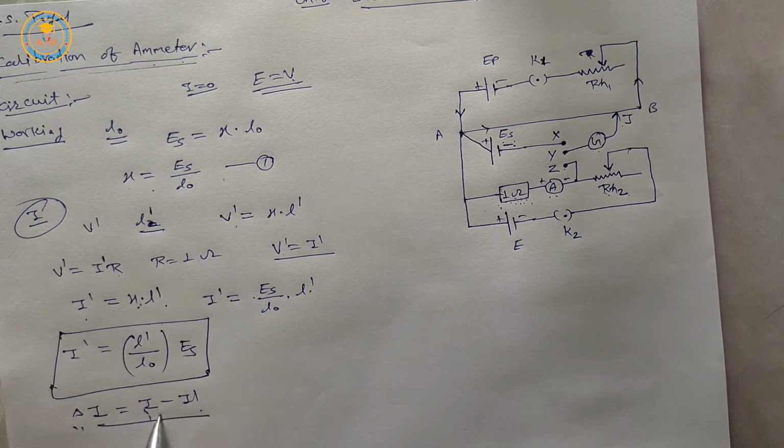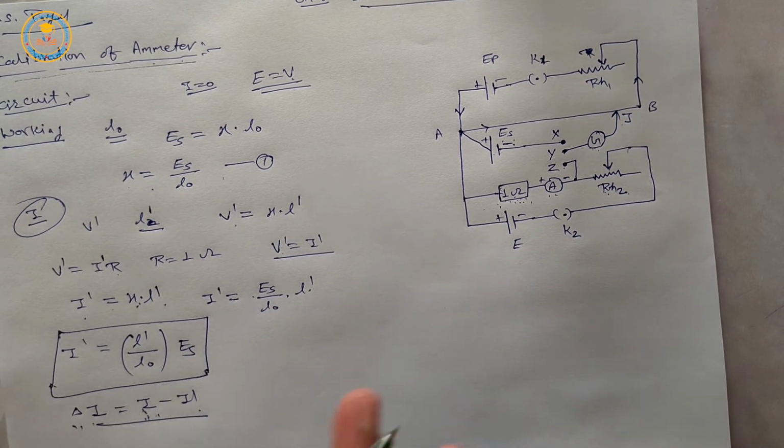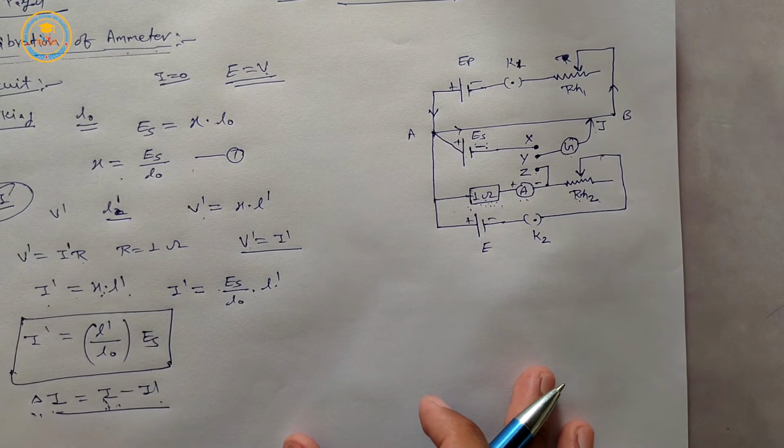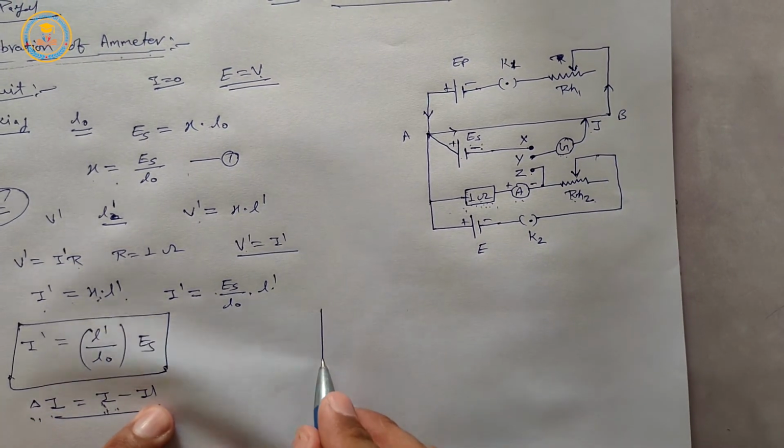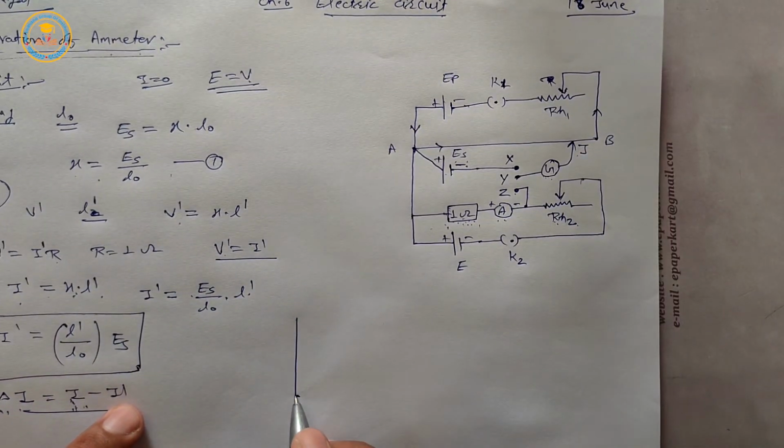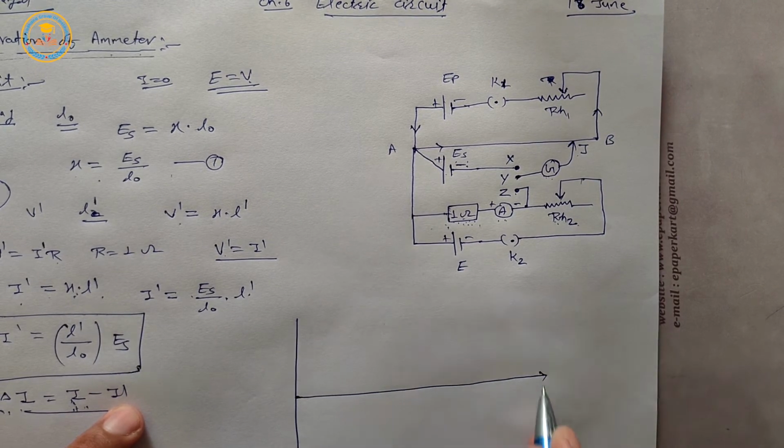For different values of del I and I, we plot a graph, and this graph is known as the calibration graph for the ammeter.